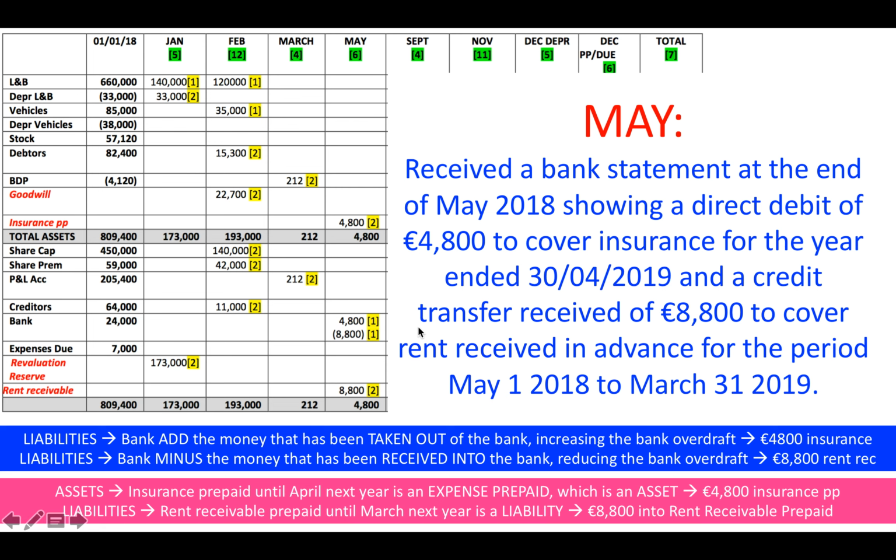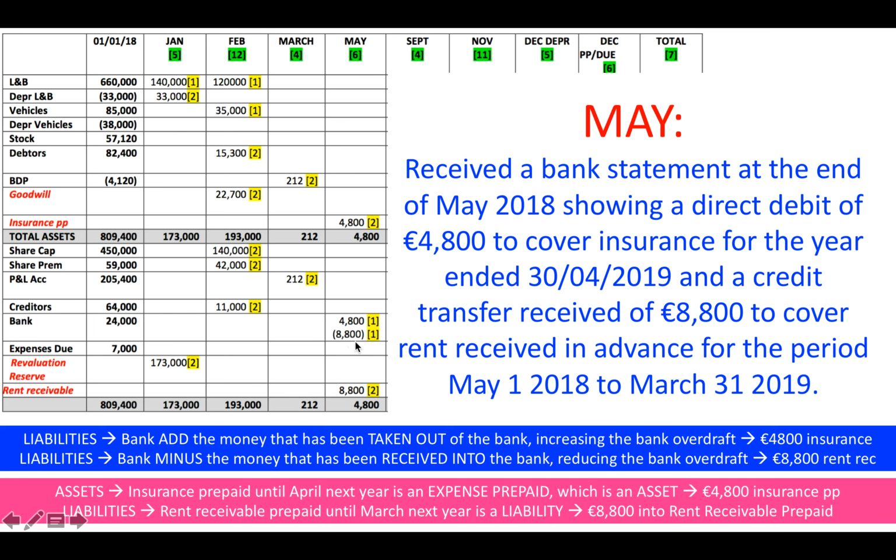So let's just think about the bank first of all. So in the bank, we're going to add the money that has been taken out of the bank, which has increased the bank overdraft. So here you'll see that a direct debit came out of the bank, 4,800 to cover insurance. So that insurance is going to increase my bank overdraft. This is the bank overdraft, it's in liabilities.